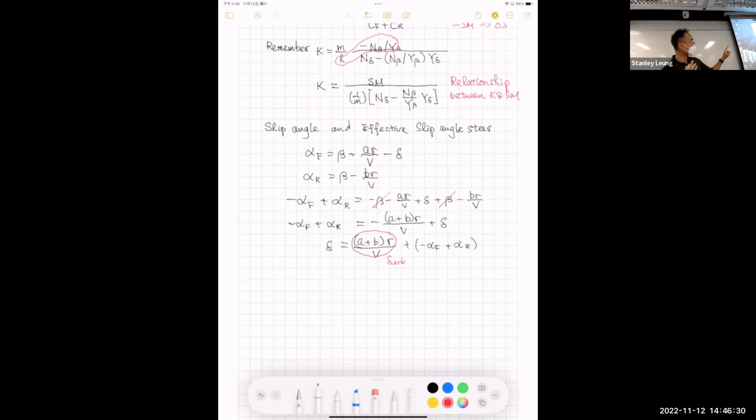So how is that related to the angle? In the past, you have a very famous equation that we talked about at the end of last week.